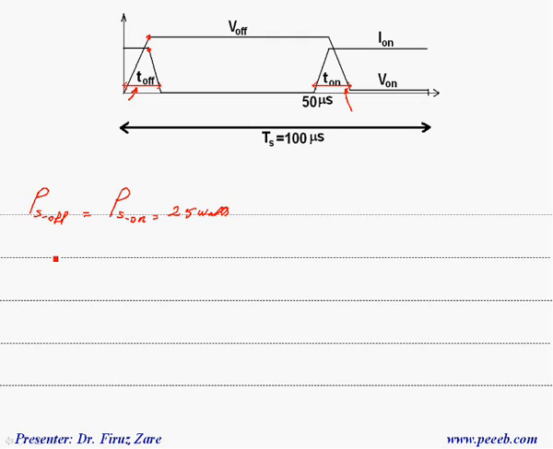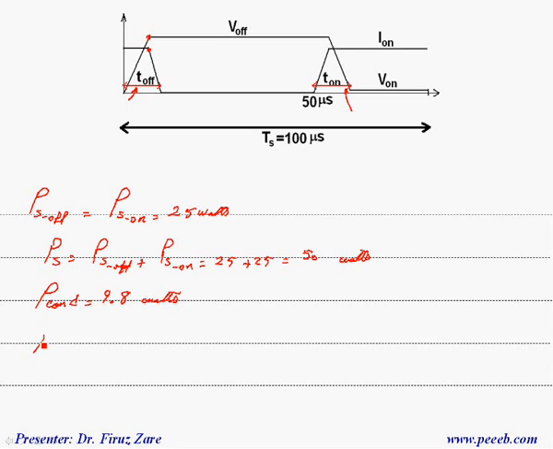Finally we can say that the total switching loss, which is switching loss for off state plus switching loss for on state, is 25 plus 25 is 50 watts, and peak conduction was 9.8 watts.